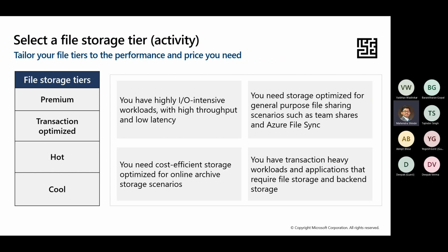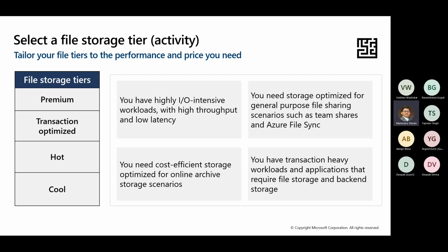Again, for file storage, there are tiers: a hot tier, a cool tier, a transaction optimized tier, and a premium tier. Under the premium tier, you get better performance and better IOPS, but at higher cost. Transaction optimized is just one level below premium.